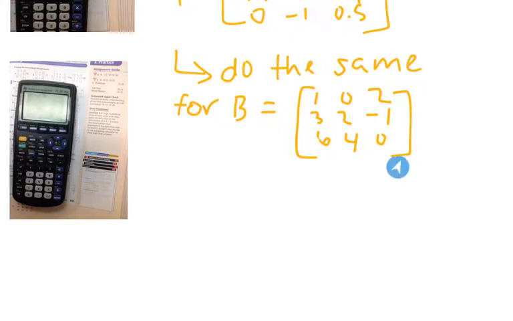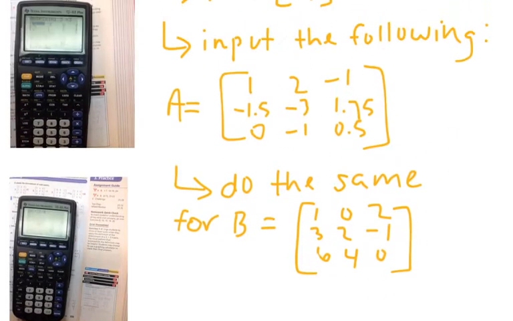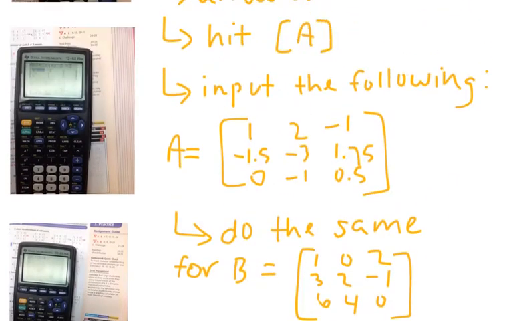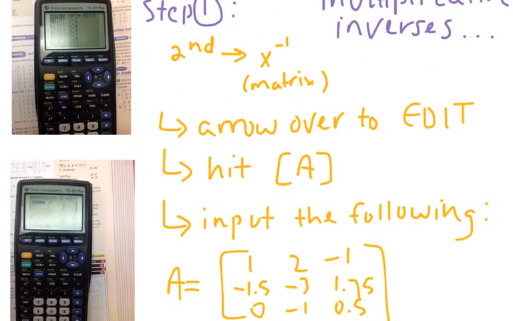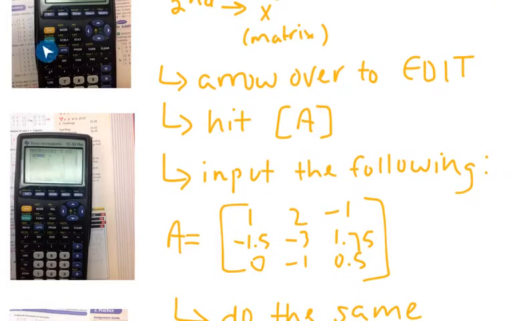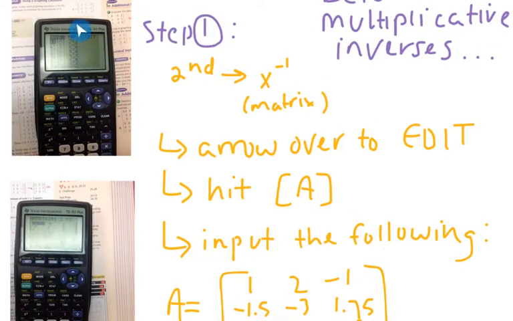So I'll go back in and input the following. Hit your second button, go down to matrix, arrow over to edit, and then highlight B and hit enter and input your following information.